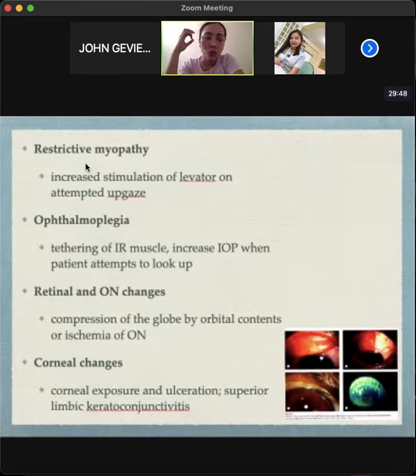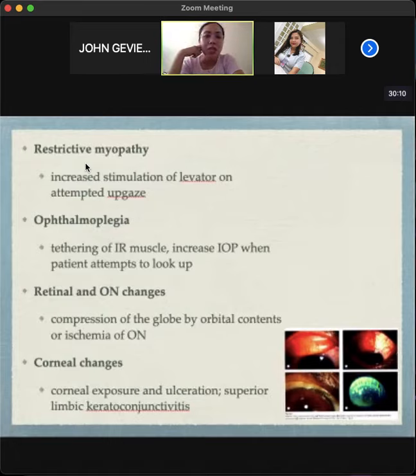There could be exposure keratopathy. Aside from telling them to maintain euthyroidism, you can give artificial tears to lubricate the eye to prevent exposure keratopathy. You can ask them to do lid taping while sleeping at night.